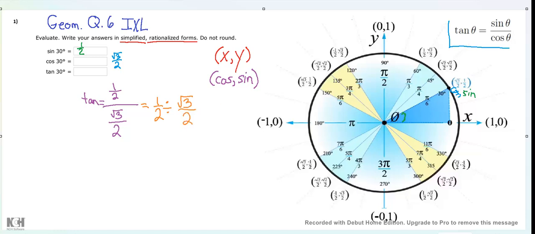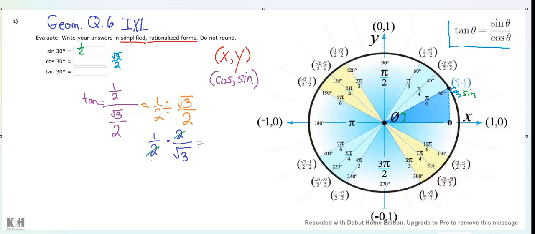These are just simply fractions. No big deal. If you remember from your fractions, we have to turn it into multiplication, and use the reciprocal of the second one. Now, what we notice here is I find it easy to cancel these.